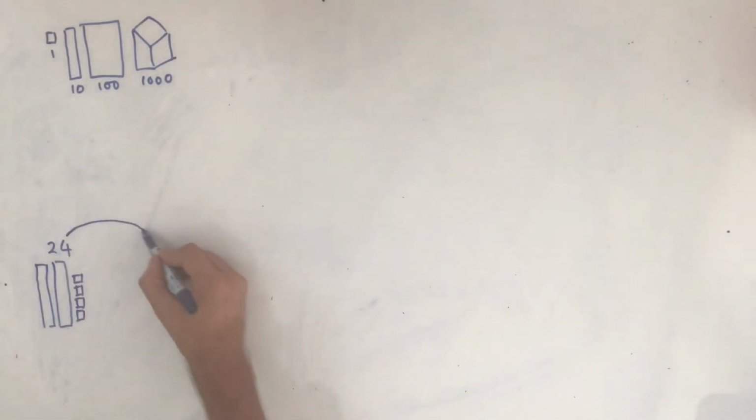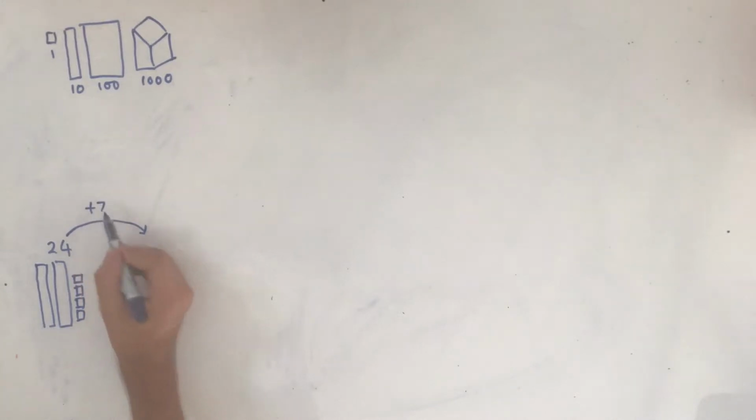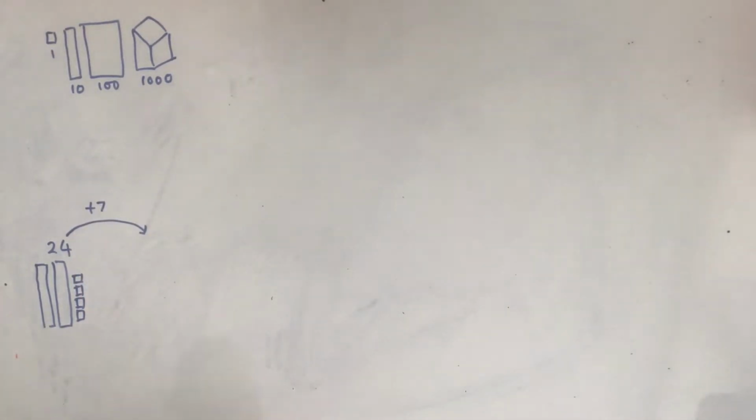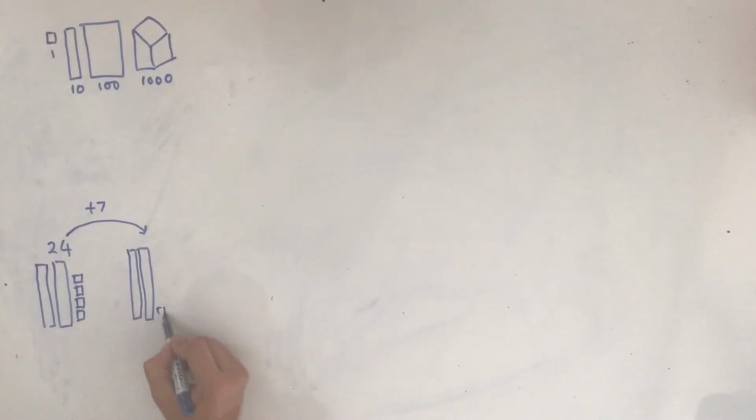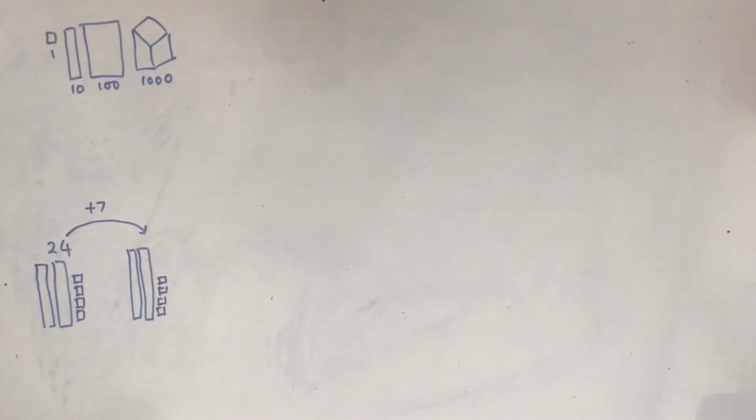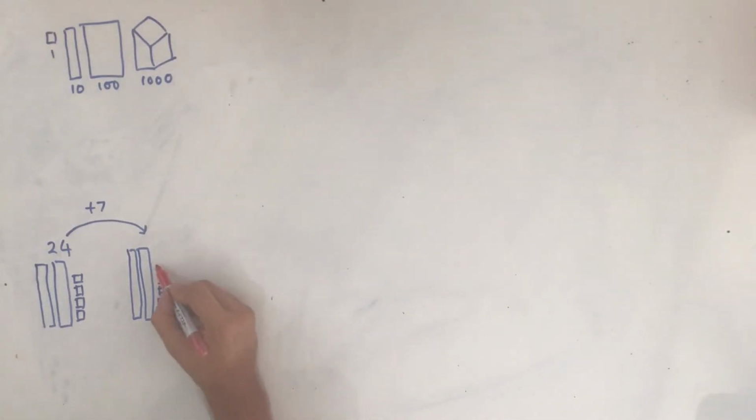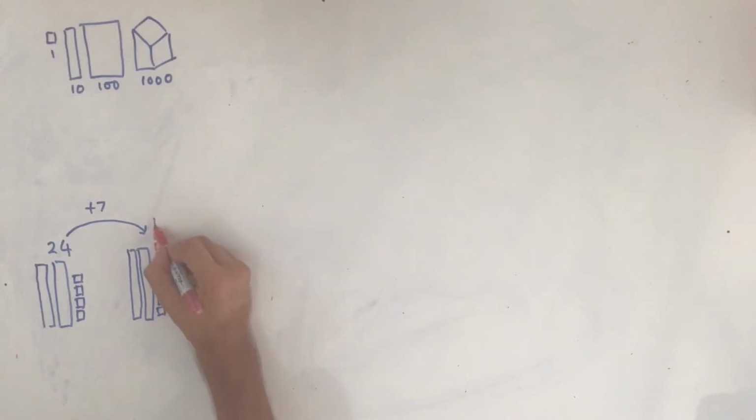Now let's work on adding our 7. My starting number is still 24. We haven't got more than that yet. So 10, 20, 1, 2, 3, 4, and I'm going to use a different colour to add my 7. 1, 2, 3, 4, 5, 6, 7.